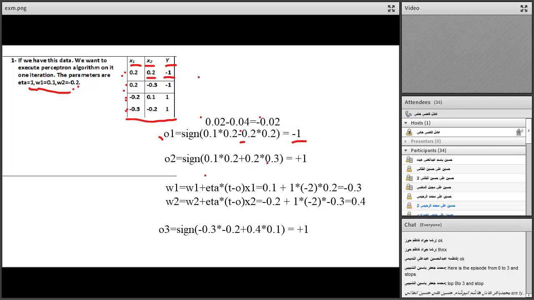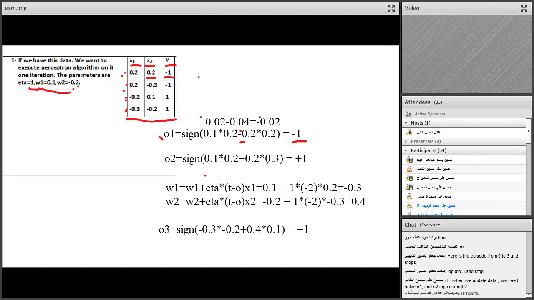Yes, the loop here is between these four data. But as I said, this loop may repeat. It will repeat until we come to a weight that for all of these four data, the prediction and the target are equal.